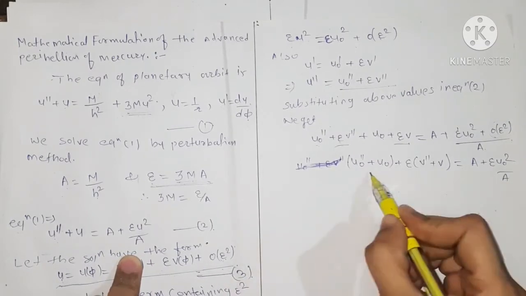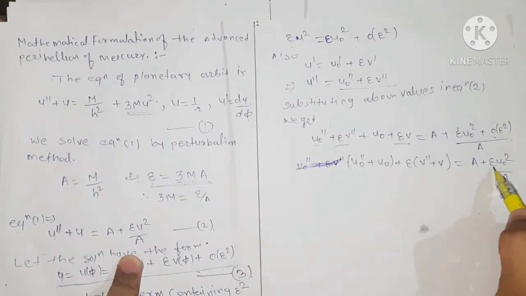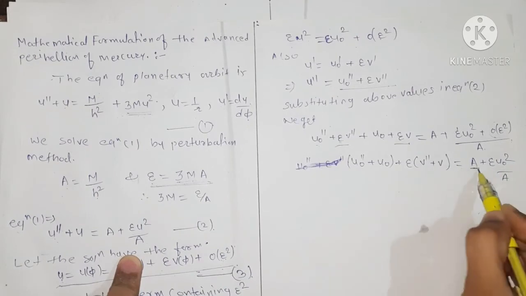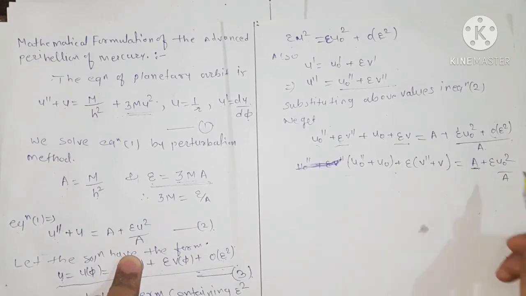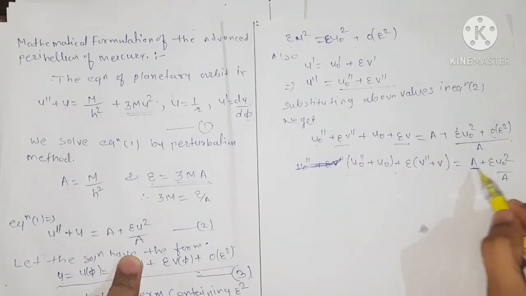Now we can compare the like terms, that is, here this is constant, so compare with this, so we are comparing the like powers of epsilon.